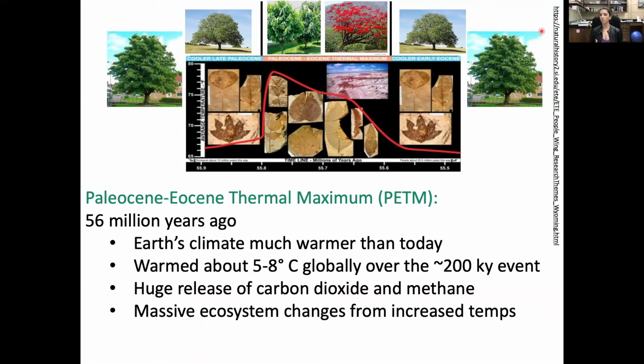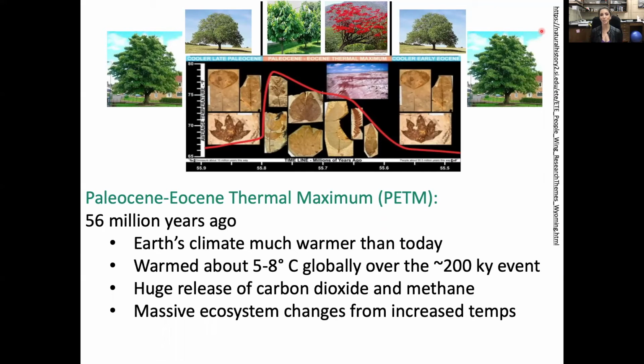It is thought to be triggered by a volcanic eruption that released a whole bunch of carbon. We're talking 5,000 to 10,000 gigatons of carbon into the ocean and atmosphere over a period of less than 10,000 years. So we had methane hydrates at this time being unfrozen and released to the atmosphere.